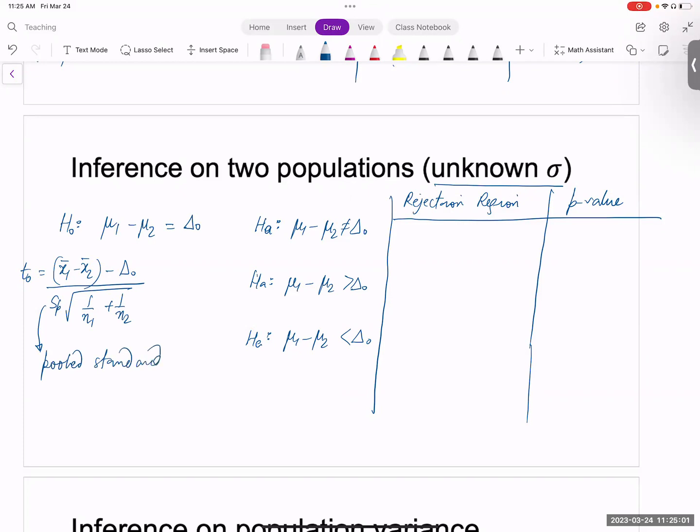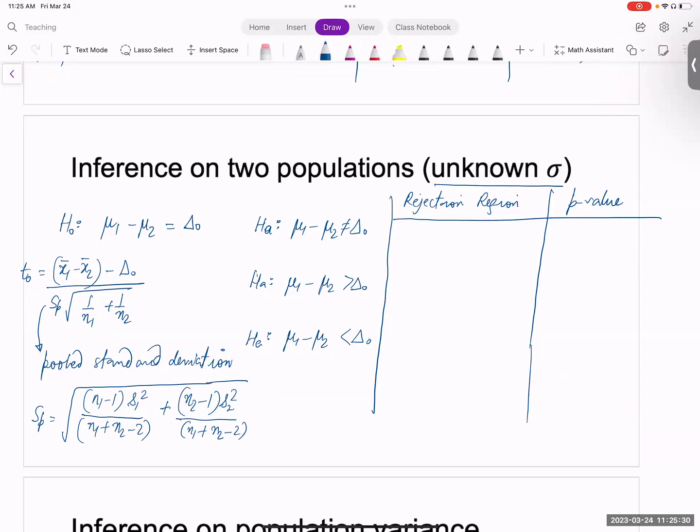The formula for sp is equal to square root of n1 minus 1 times s1 squared divided by n1 plus n2 minus 2, plus n2 minus 1 times s2 squared divided by n1 plus n2 minus 2. Okay? That's your pooled standard deviation.